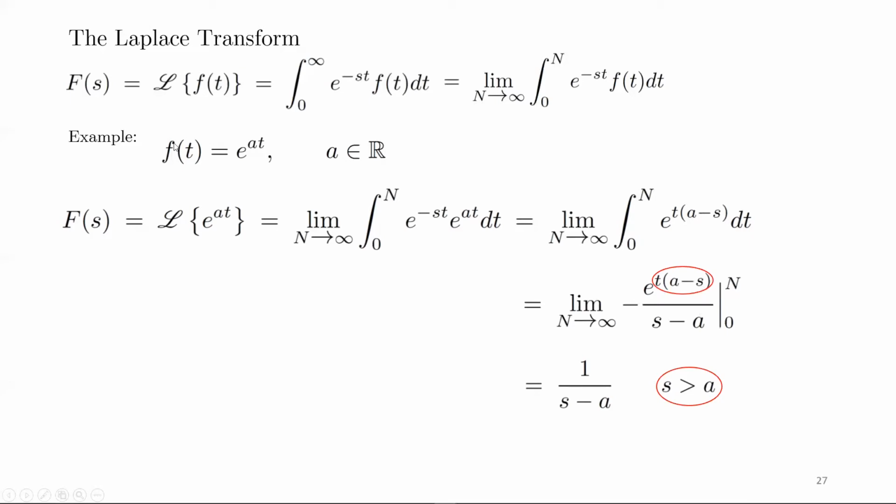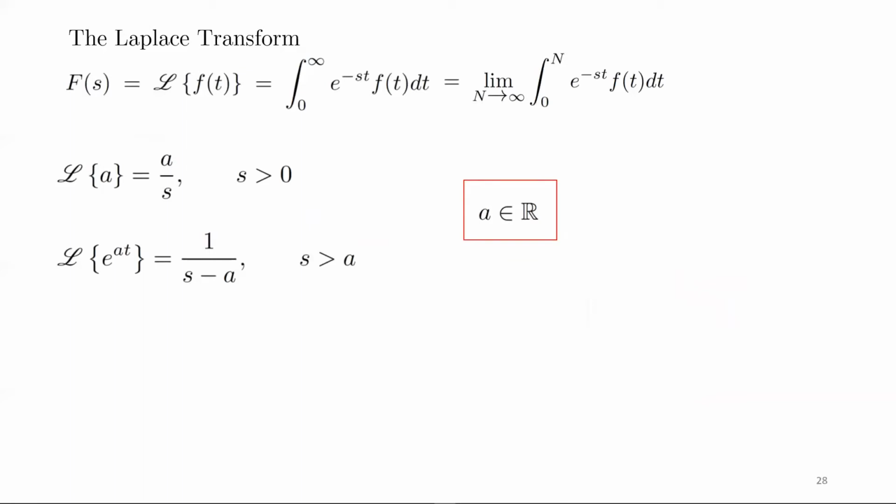So in this case, the Laplace transform of the exponential of a, some constant a times t, is equal to 1 over s minus a. And that was for s greater than a.